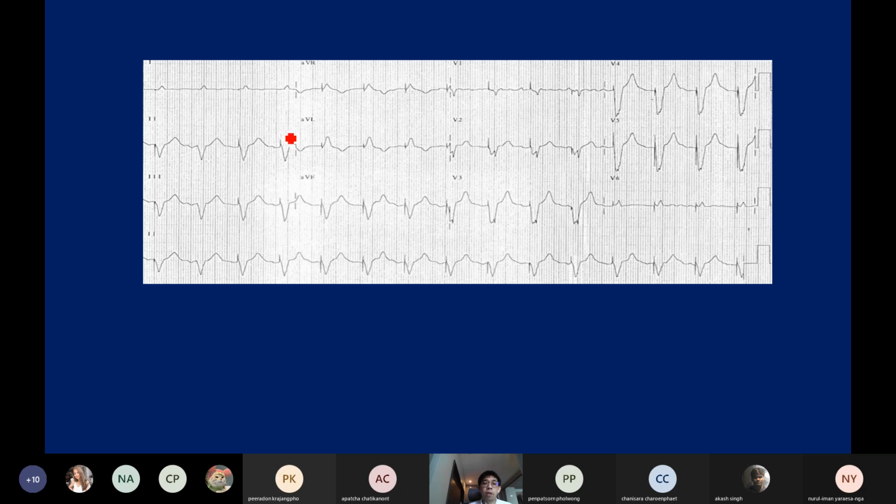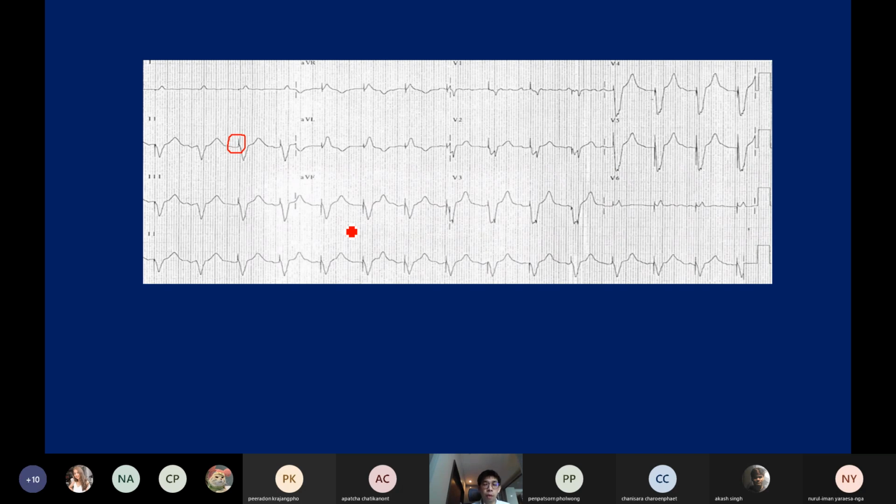You have seen this pacing spike in front of the QRS, so there should be a lead in the ventricle, definitely there is a V. But how can you know whether there is a lead in the atrium or not?